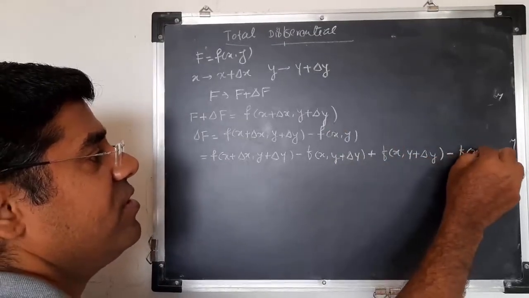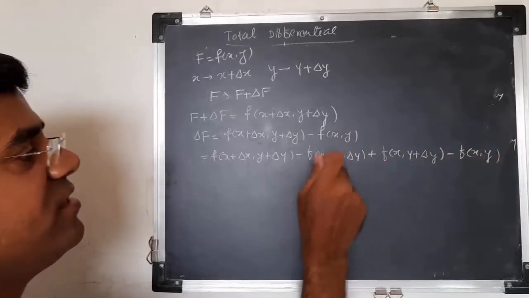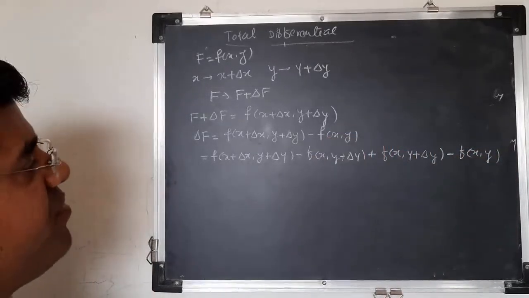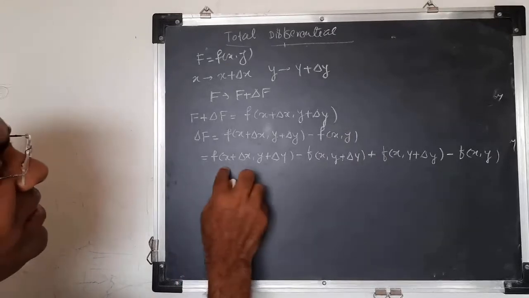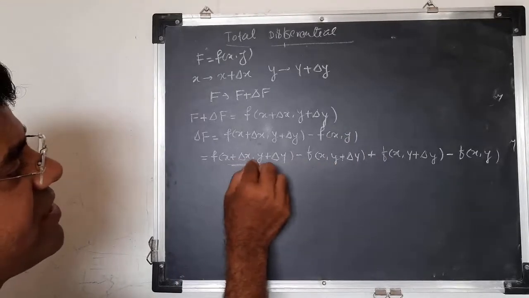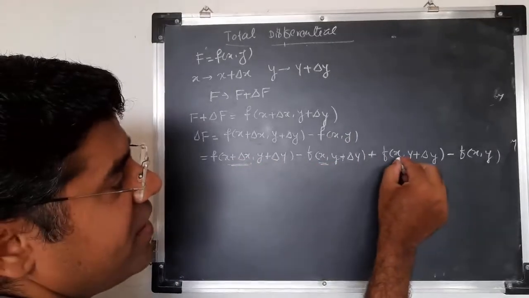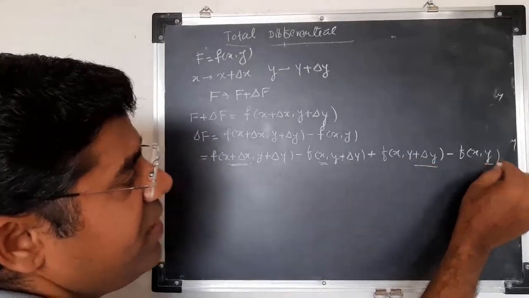Adding and subtracting it, they cancel each other and you get the original expression. Then this is a change in x, and here x is constant, a change in y.